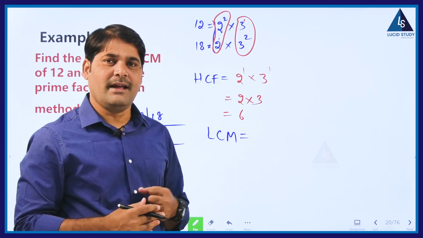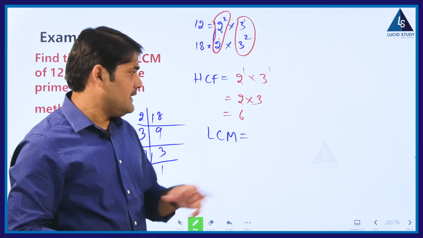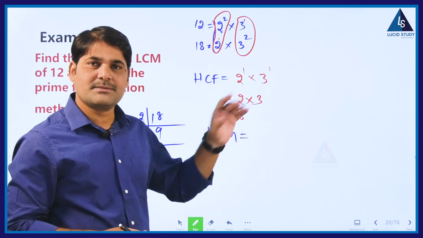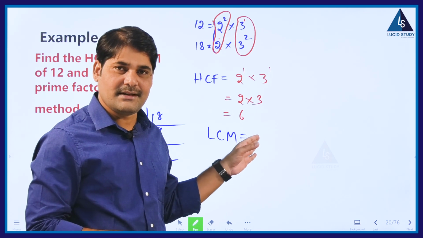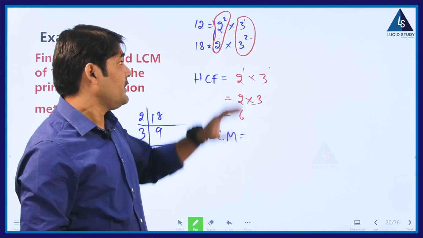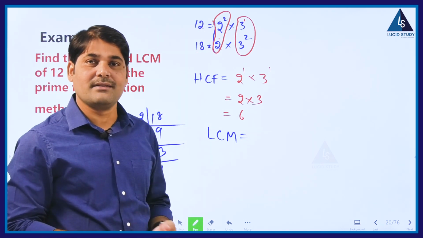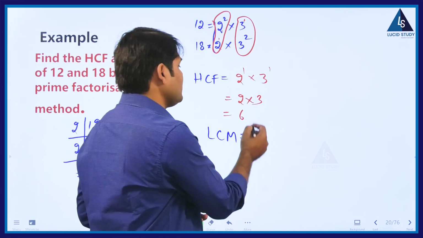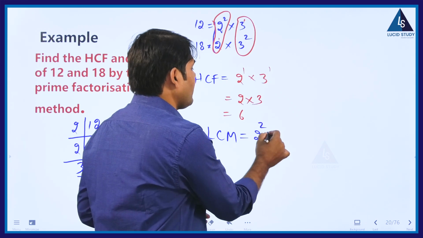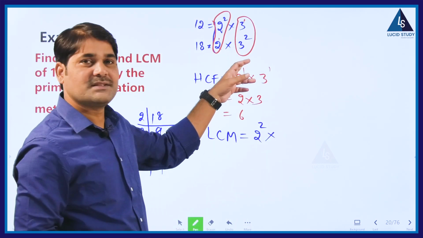Just a change between HCF and LCM. What is that? Here we considered the least power, whereas while finding LCM, we need to consider the highest power of the factors. Understand? So what is the highest power of 2 here? 2 square. And the highest power of 3?